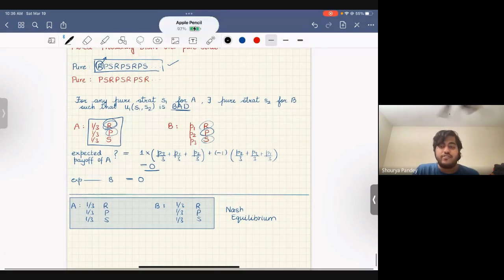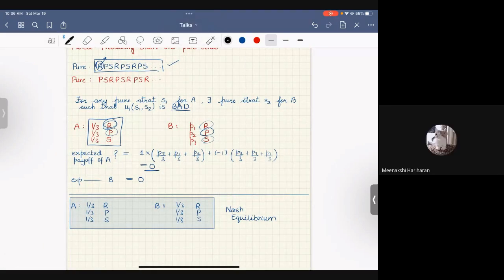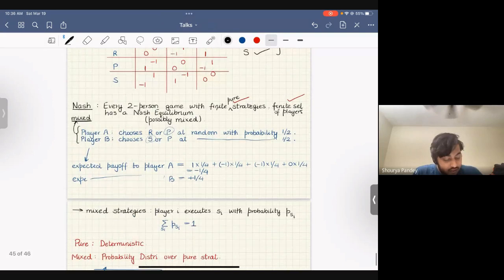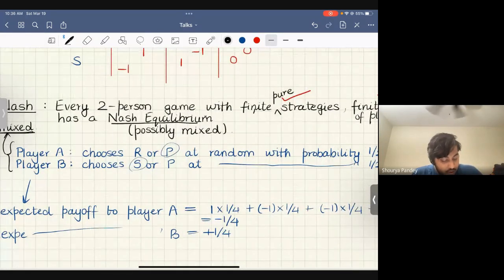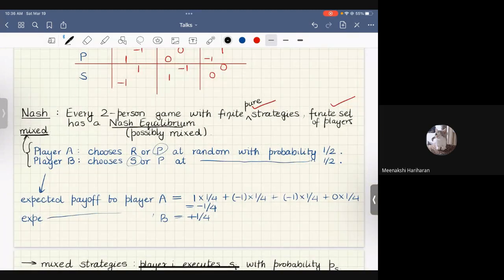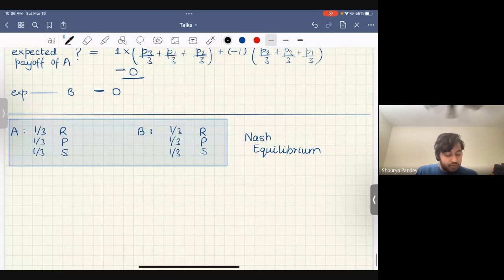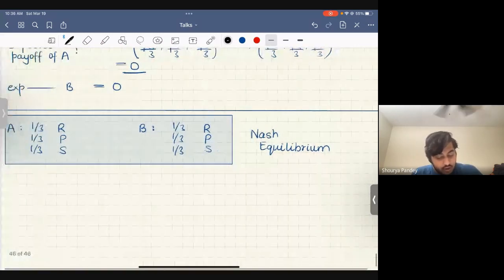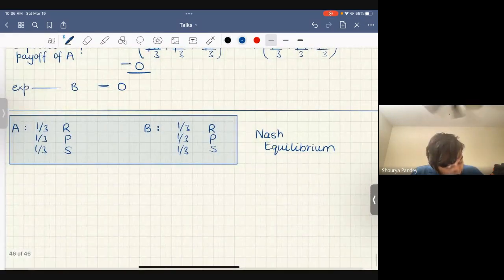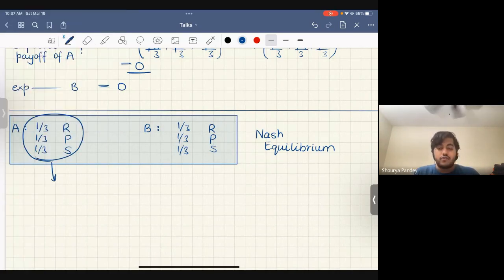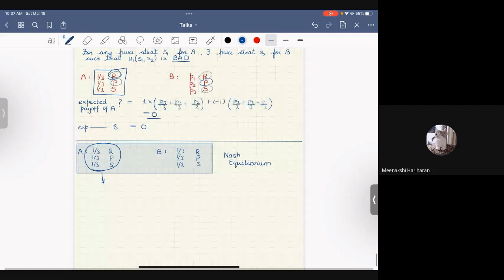So please ask questions here. Wait, what does possibly mixed mean? That is, this Nash equilibrium may be mixed. Wait, how will an equilibrium be mixed? For example, this is a Nash equilibrium which is mixed, right? Because by mixed I mean that this strategy is mixed. So it basically does not have to be a pure strategy.